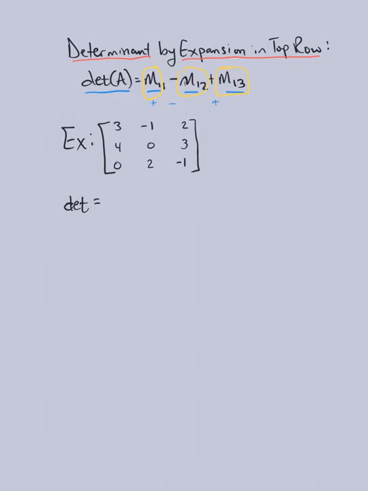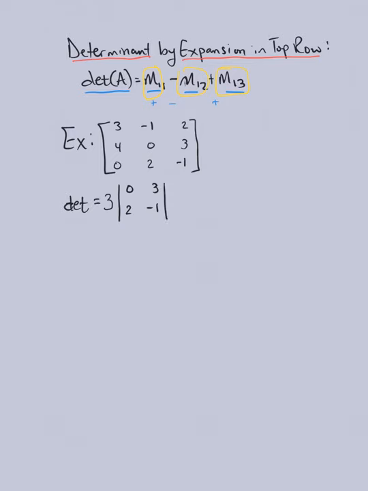Typically when we're doing them by hand, we get used to it and we can just think about crossing things out. When I'm in class, I can put my hands over the matrix so it's easier to see the crossouts. I'm taking that 3 in row 1 and column 1, and again, I'm thinking about crossing out its row and column and getting that resulting minor determinant. So that's going to be the determinant 0, 3, 2, -1.